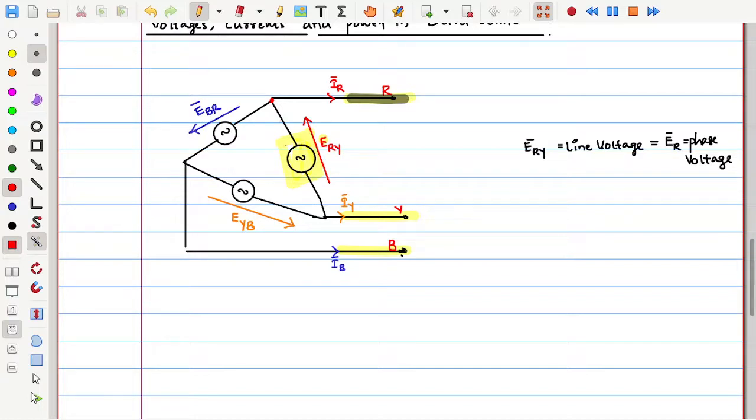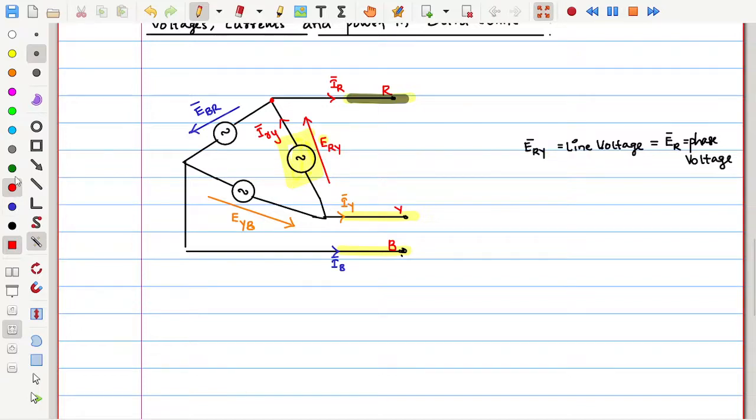If this individual generator coil, whose voltage is ERY, is producing a current, let us say iRY, in small case letters. I have a specific purpose for that: I am using small case letters for the currents inside of this generator.